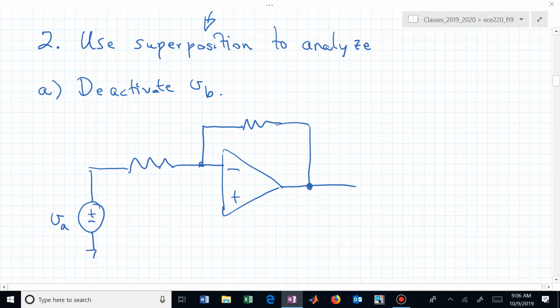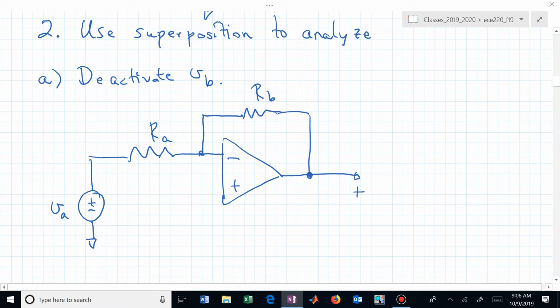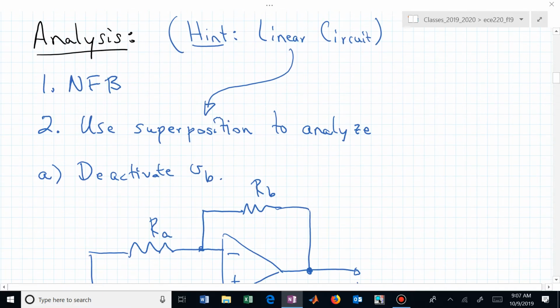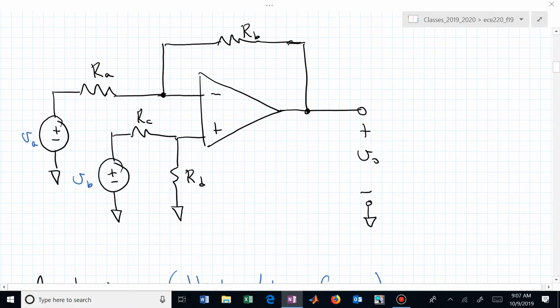This is now V sub A, R sub A, R sub B. Here is our output voltage, and to make sure that we are remembering that we're applying superposition, let's say that's V sub O sub A. It's the contribution of the output voltage from source A. And now what do we do if we are deactivating the source V sub B? What does that now look like if we deactivate that source?